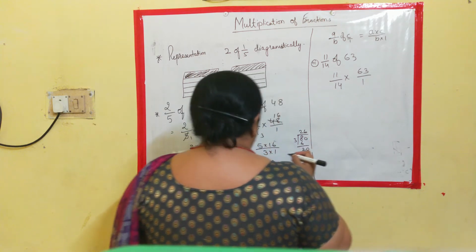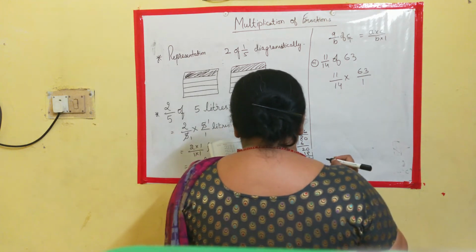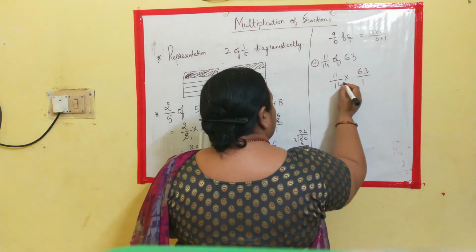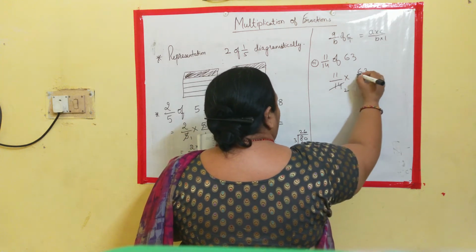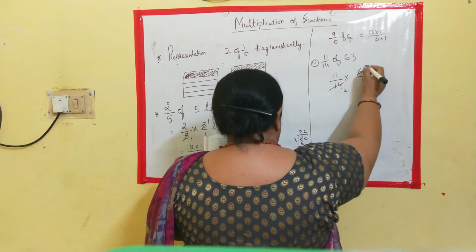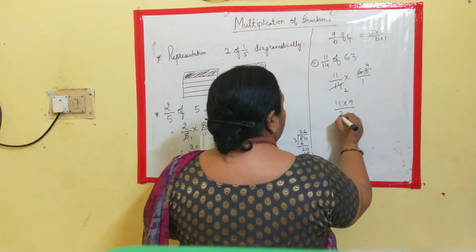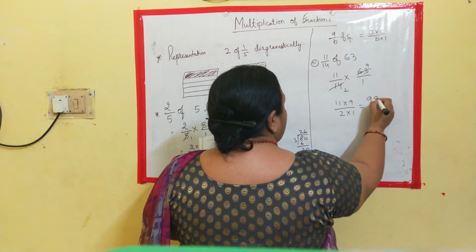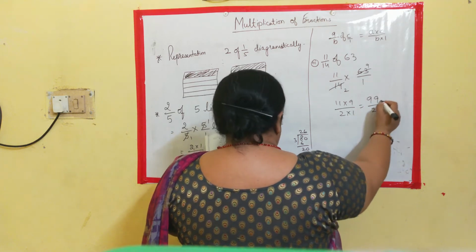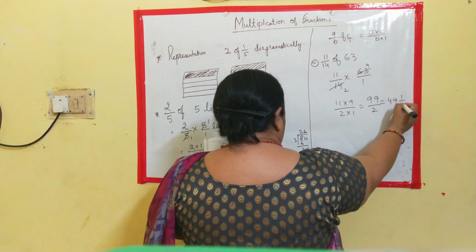So now do we find any cancellation here? Yes, we have. This is 7 2s are 14 and here it is 7 9s are 63. So 11 into 9 by 2 into 1 is 99 by 2, which is equal to 49 and a half.